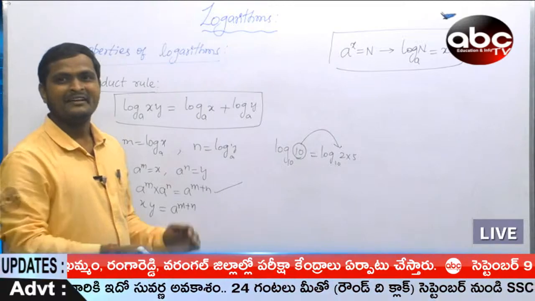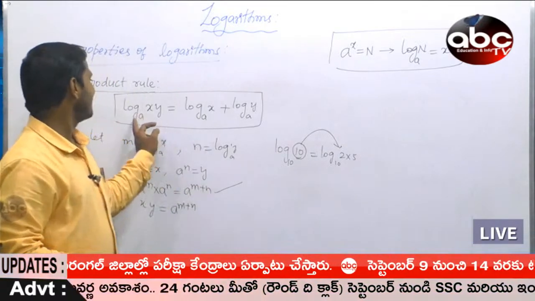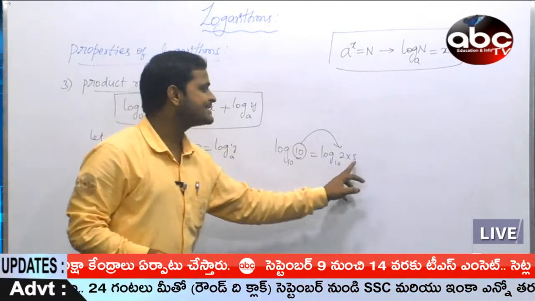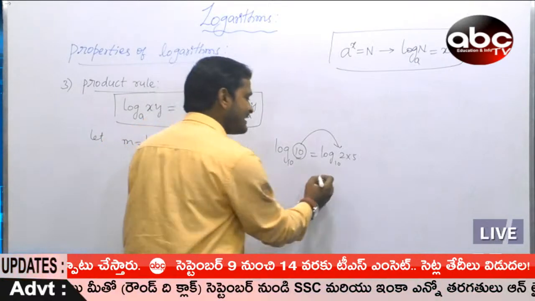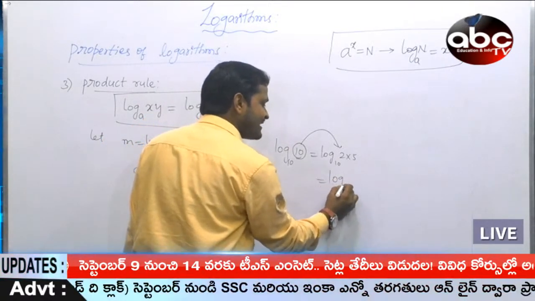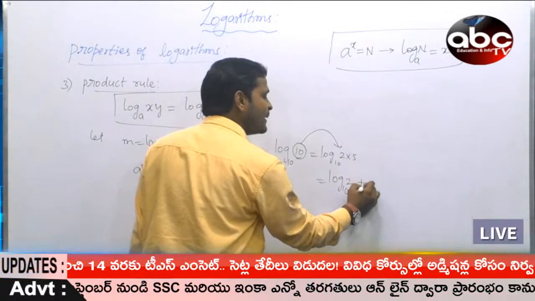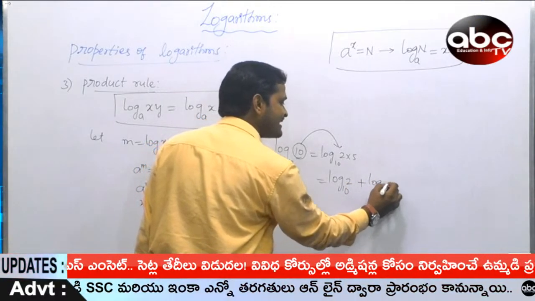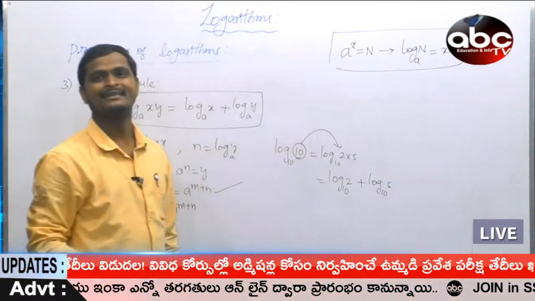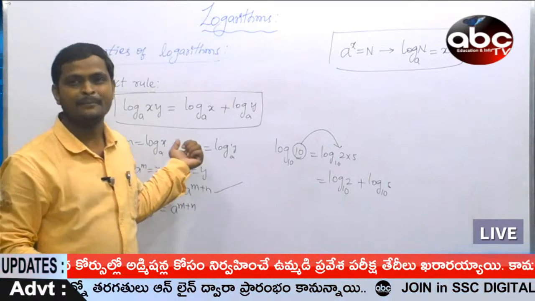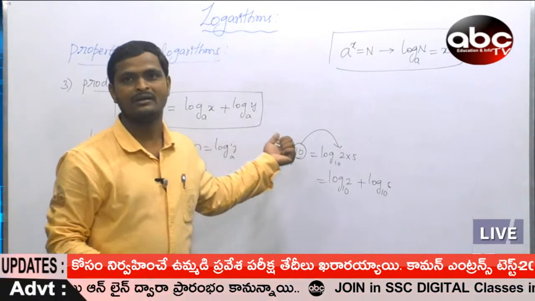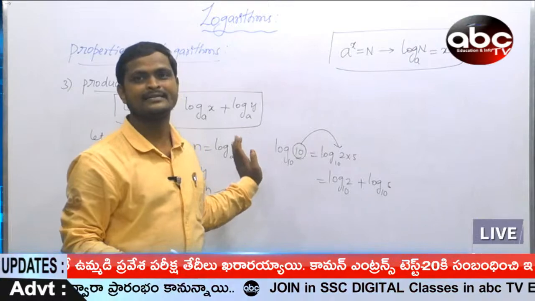Then we convert into log x into y, right? Then you can write log 10, what is x? 2, plus log 10, what is y? 5, right? That is the third property, product rule. Is it clear, students? Very simple.